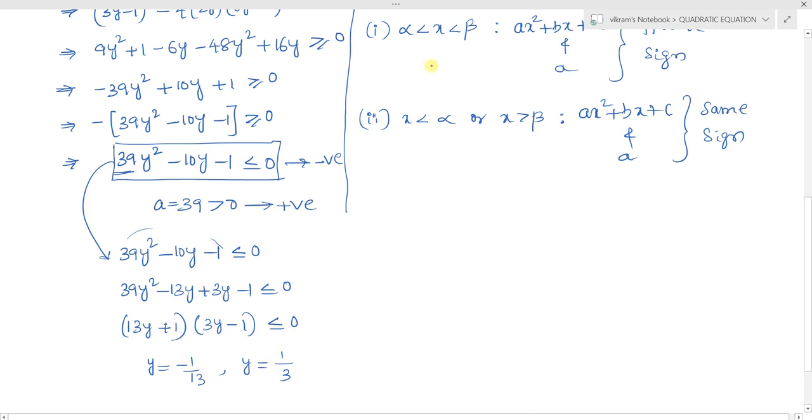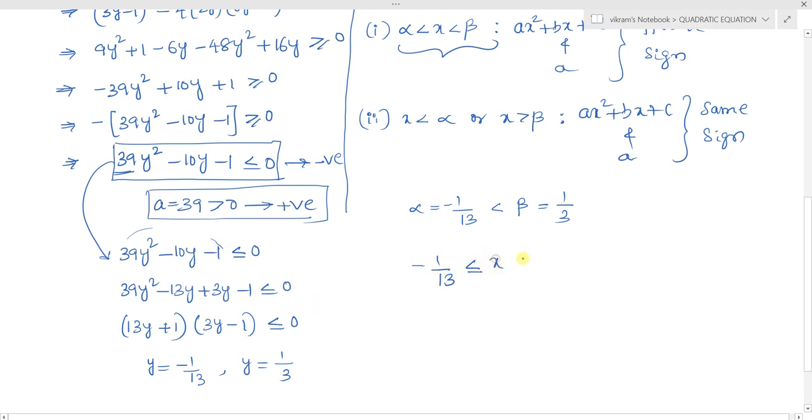So the expression has two roots, alpha and beta, where I consider alpha is minus 1 by 13, which is less than beta, which is 1 by 3, so alpha less than beta is satisfied. Over here the coefficient of y square is positive, but the expression is negative, so these two have opposite sign. When these two have opposite sign, minus 1 by 13 is less than or equal to y less than or equal to 1 by 3.